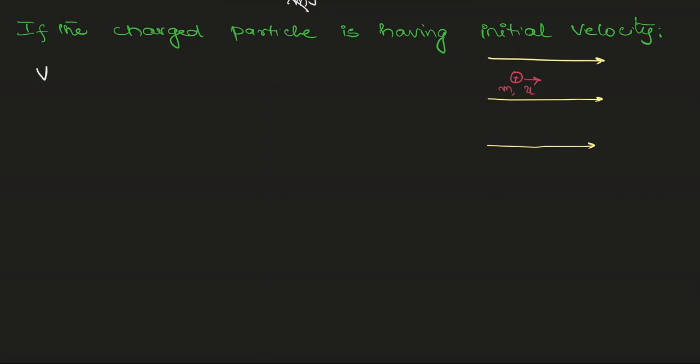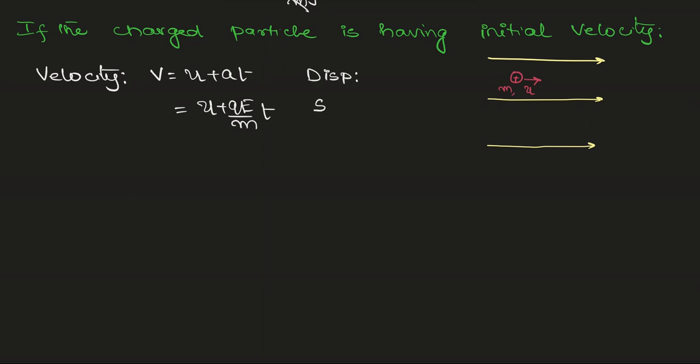Then the velocity v will be equal to u + at, or u + qE by m into t, and the displacement s is equal to ut + half qE by m into t square.